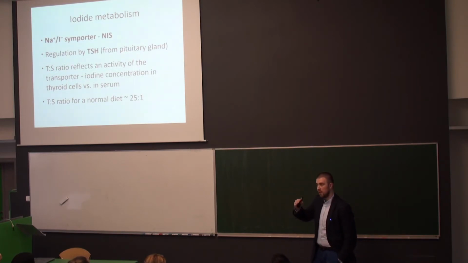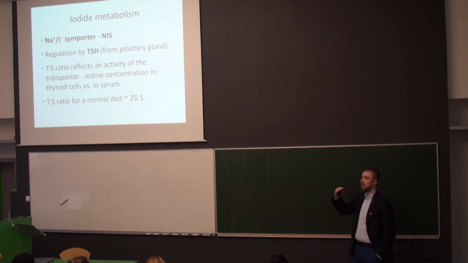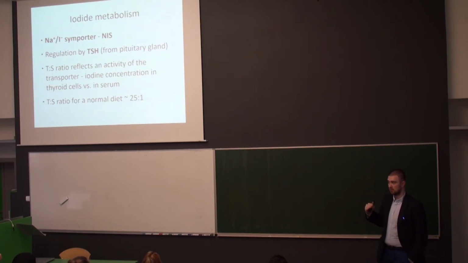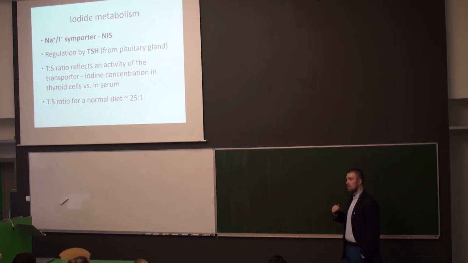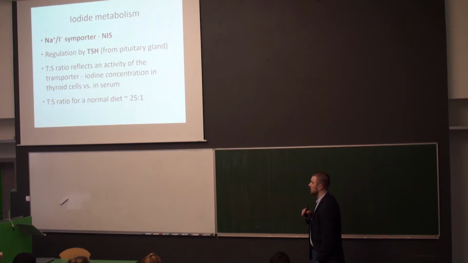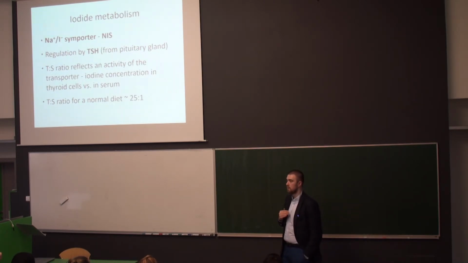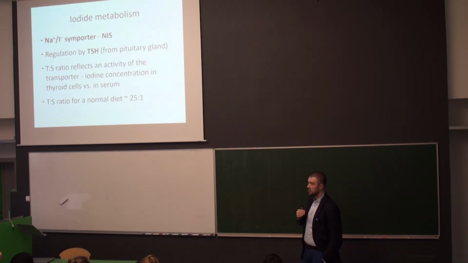That means a 25 times higher concentration of iodine in the thyroid gland than in serum. If you have iodine deficiency in the food, the transporter will work even more actively and the ratio will grow, since it tries to catch as many iodines as it can.